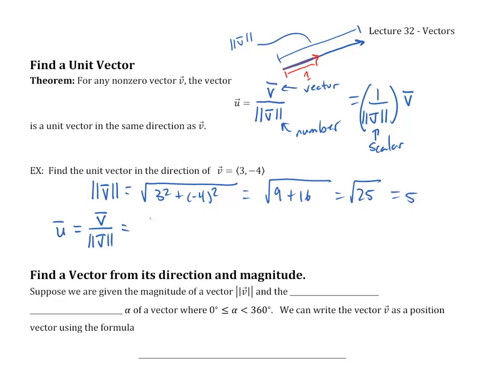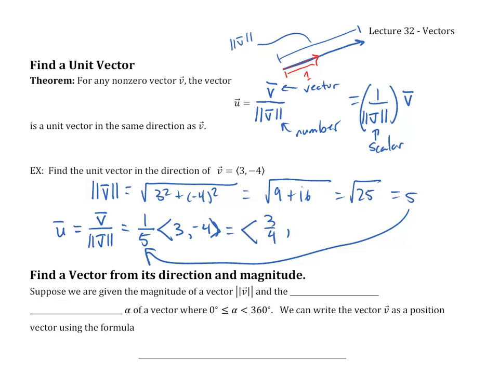It's 3, -4 times 1 over the magnitude. That's this value right here. So you get 3/5, -4/5. You just take that 1/5 times each thing. This vector right here, 3/5, -4/5, has a length 1, and it goes in the same direction as the vector 3, -4.